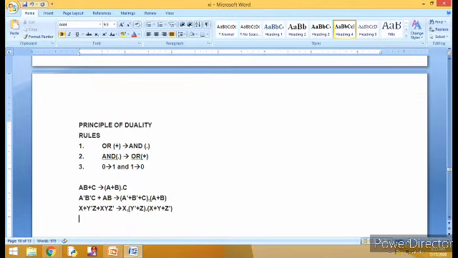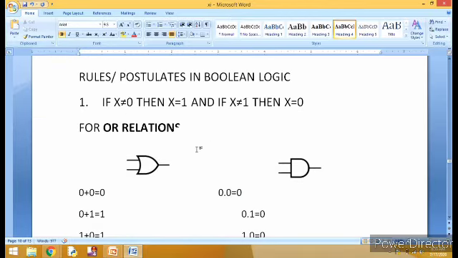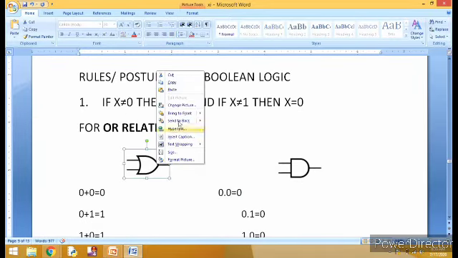Now next is the theorem. There are certain theorems which we will be applying to solve questions related to logic circuits. These are the basic theorems which we are going to discuss, and you people know them. The very first theorem is applied for this OR circuit.